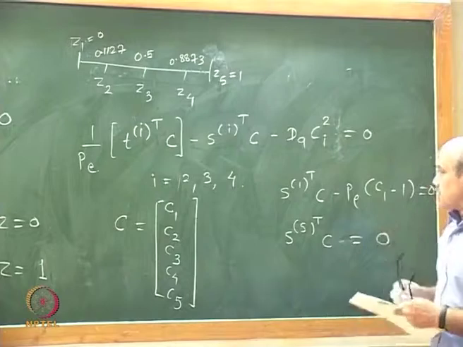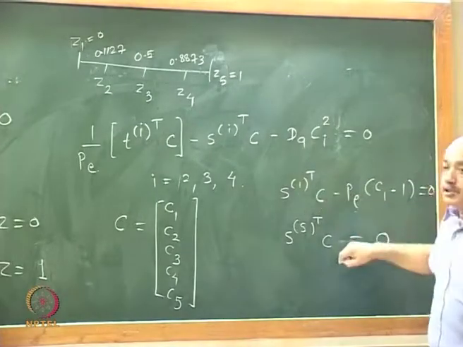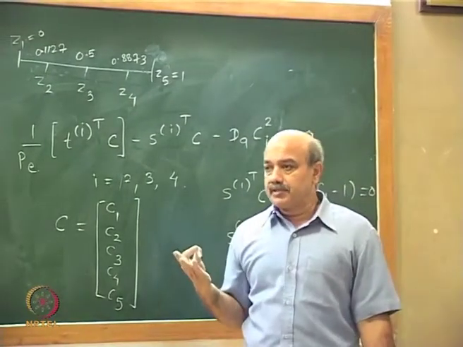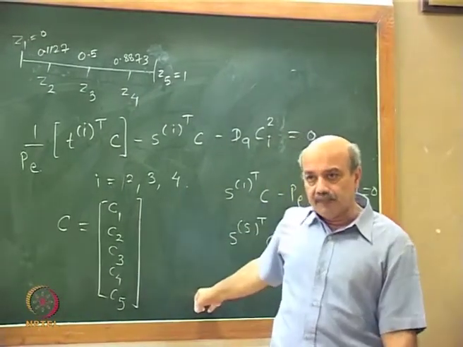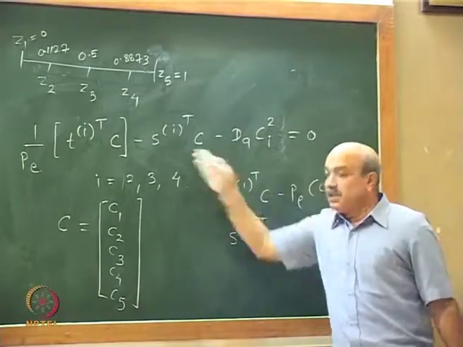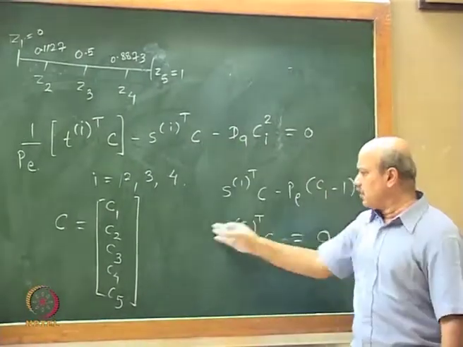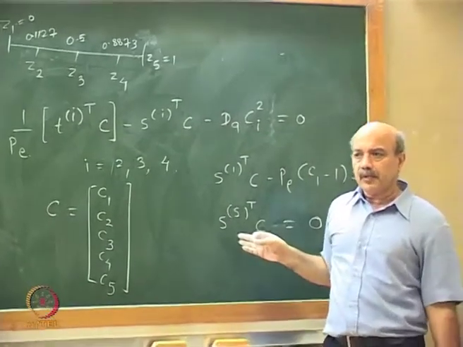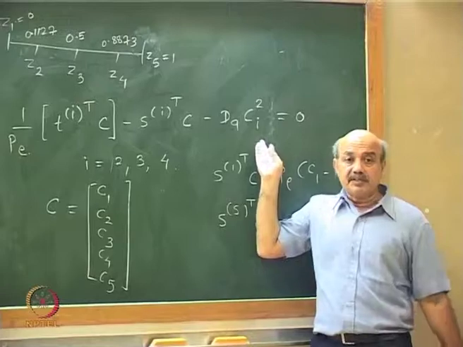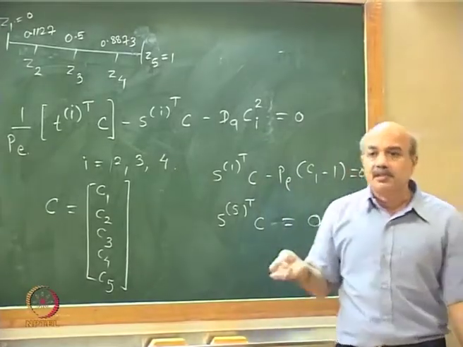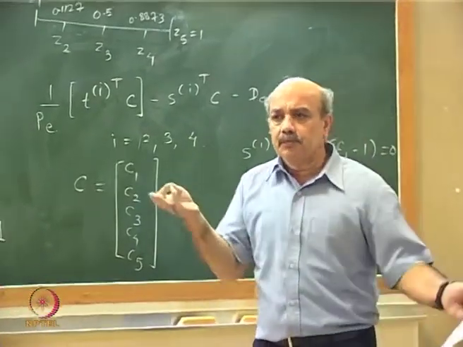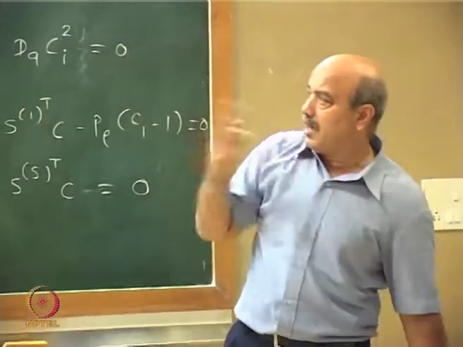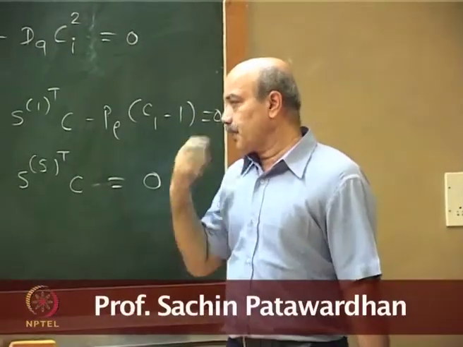So these three equations plus these two equations together form 5 nonlinear algebraic equations which need to be solved simultaneously, because C1 to C5 appear in all the equations. These are coupled nonlinear equations. They have to be solved iteratively using Newton's method, Newton-Raphson, or some nonlinear equation solver, which may be an optimization method, whatever is at hand for you to solve this.